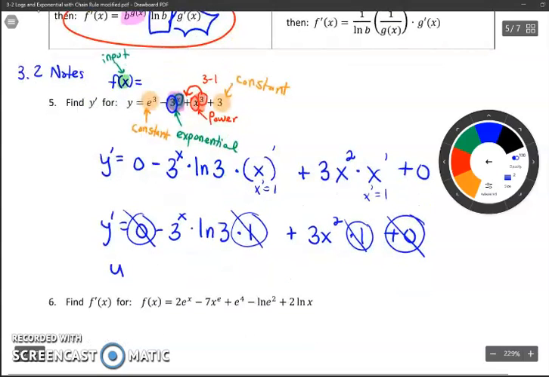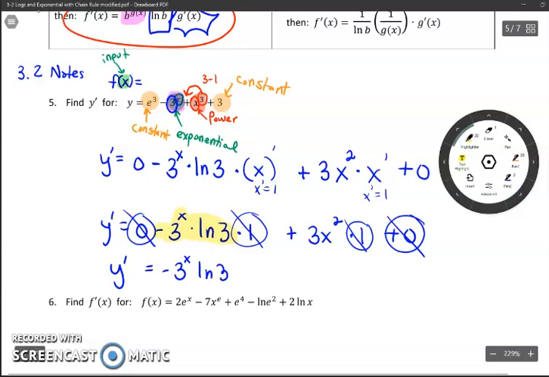So my derivative is really just going to be negative 3 to the x ln of 3 plus 3x squared. That's my derivative.